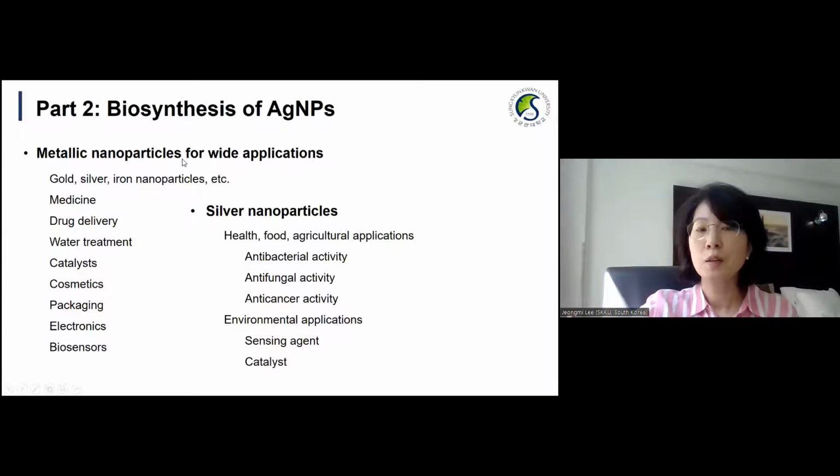Metallic nanoparticles and their modified versions are so popular and extensively studied for widely varied applications from medicine to catalysts, cosmetics, and biosensors, etc. And of course, silver nanoparticles are the most commonly studied among many different types of metallic nanoparticles. Silver nanoparticles are often applied in health, food, agriculture, or environmental applications.